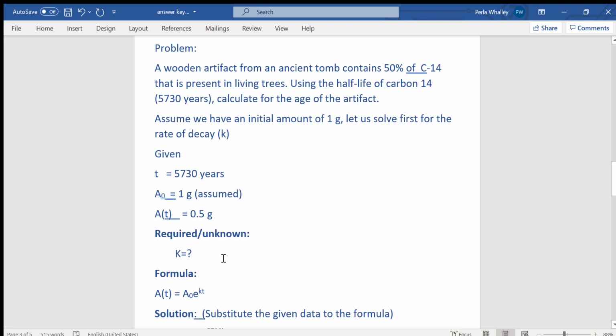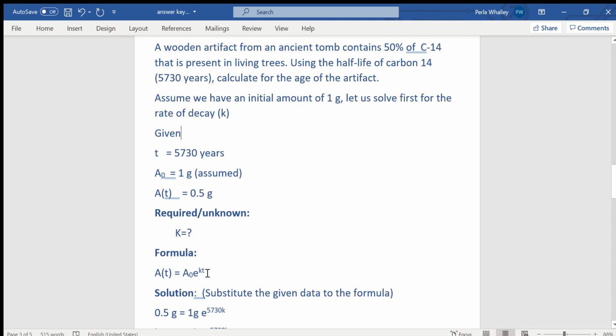And then what is required? In this first step, before we can calculate the age of the artifact, we need to solve for the rate of decay. So the formula, we'll just have to copy the formula that we have from above.